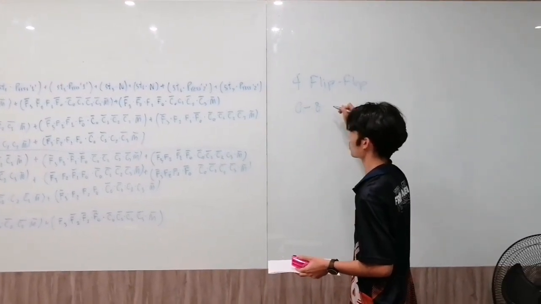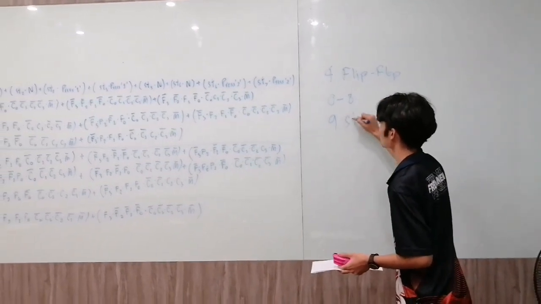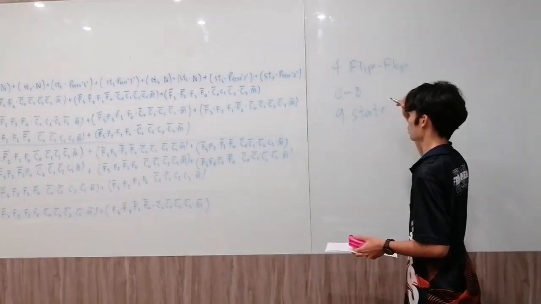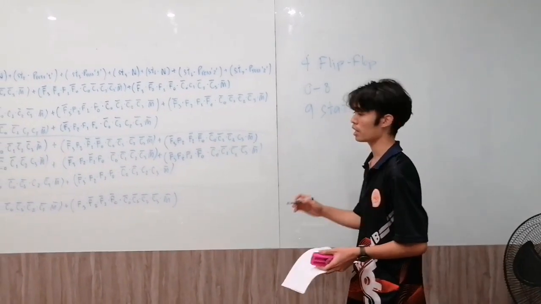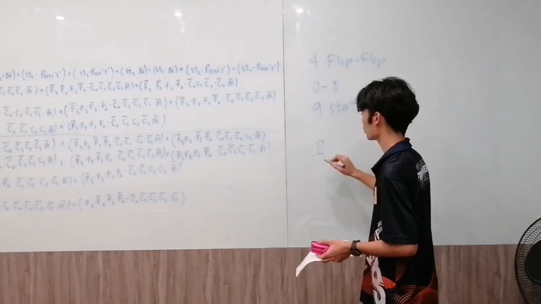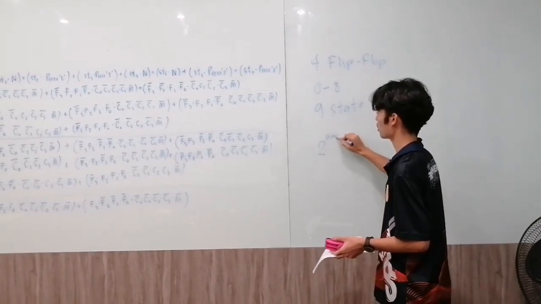0 to 8, so we have 9 states. How to calculate is 2 to the power of the number of flip-flops.